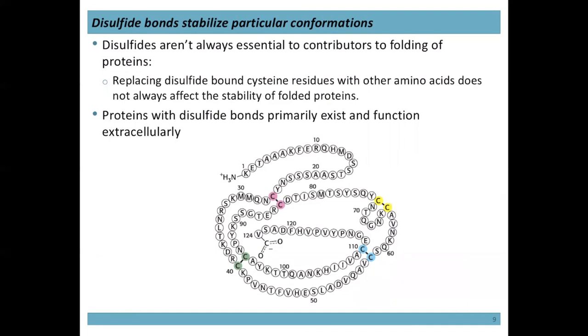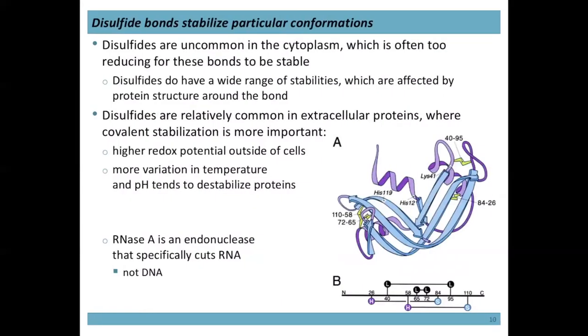Within cells, you don't find disulfides as frequently as you do in proteins that are released from a cell. Within a cell, it tends to be a reducing environment. Outside the cell, it's very oxidizing. And also outside the cell, you get random fluctuations of temperature and a lot more variability.